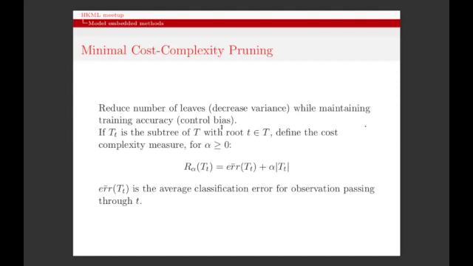This allows us to reduce the number of leaves, which decreases variance, while maintaining training accuracy, that is, controlling the bias of the model.